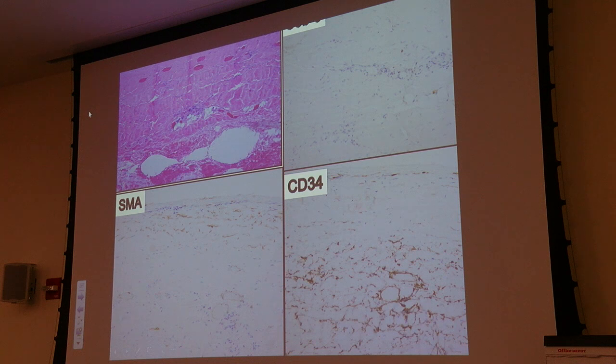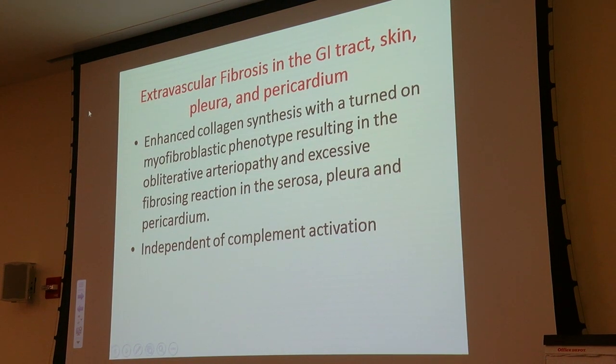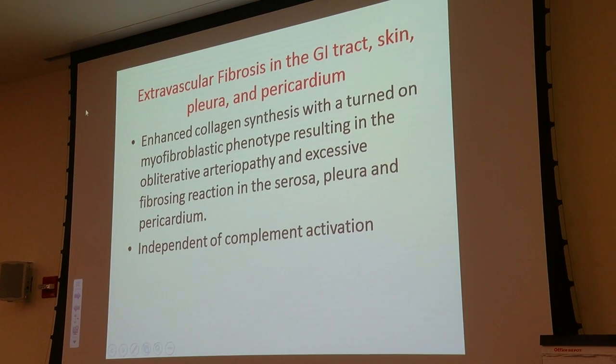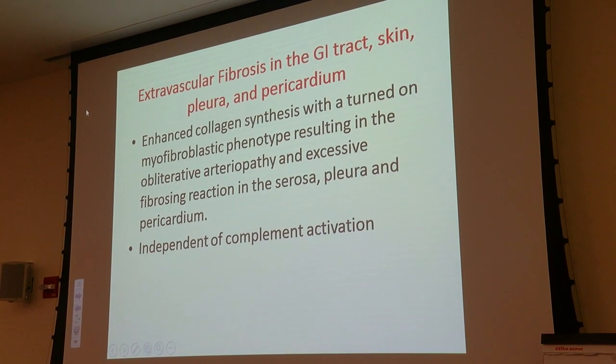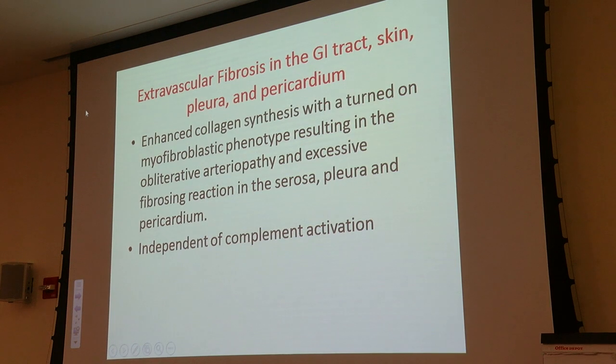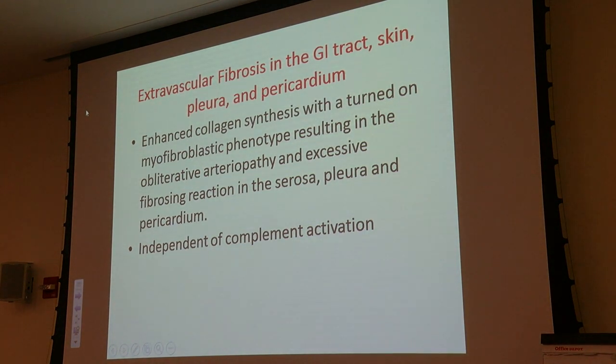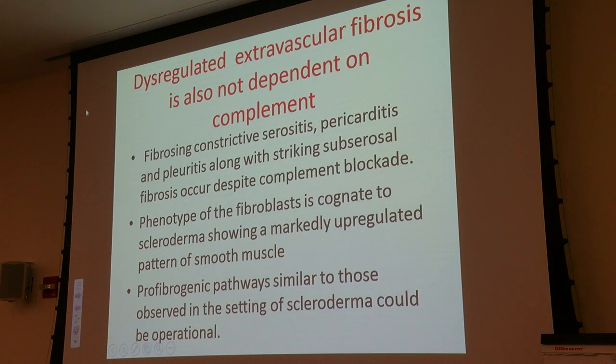So basically, this sclerosing pericarditis, which developed in a setting of eculizumab therapy, has an interesting scleroderma phenotype. So basically, the enhanced collagen synthesis with a turned-on myofibroblastic phenotype resulting in the obliterative arteriopathy and fibrosing reaction in the serosal pleural pericardium are largely independent of complement activation.